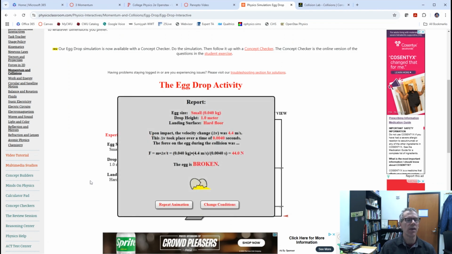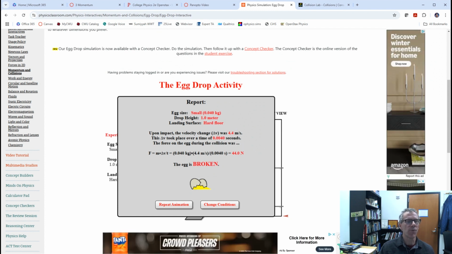On impact the velocity change was 4.4 meters per second. This velocity change took place over a time of 4/1000ths of a second. So collisions with hard surfaces happen really quickly. The force here is m times delta v, 0.04 kilograms times 4.4 meters per second, divided by this tiny time interval, so 44 newtons. The average force acting on that egg is 44 newtons.